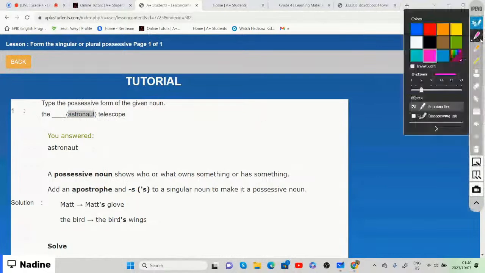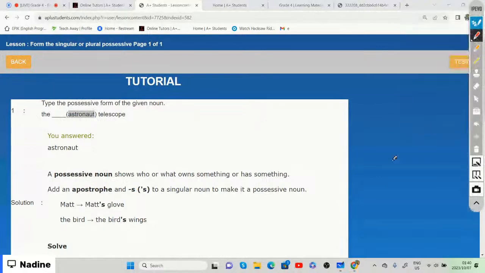So we're going to rewrite that sentence correctly. And if we write that sentence correctly, we can say the. Now we need to add our possessive form to that noun. Say the astronaut's, apostrophe and S, telescope.